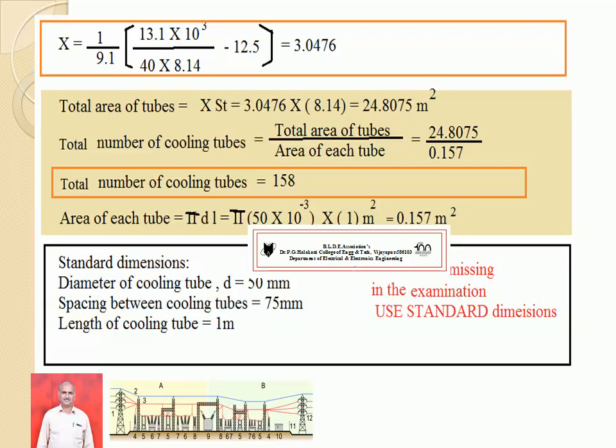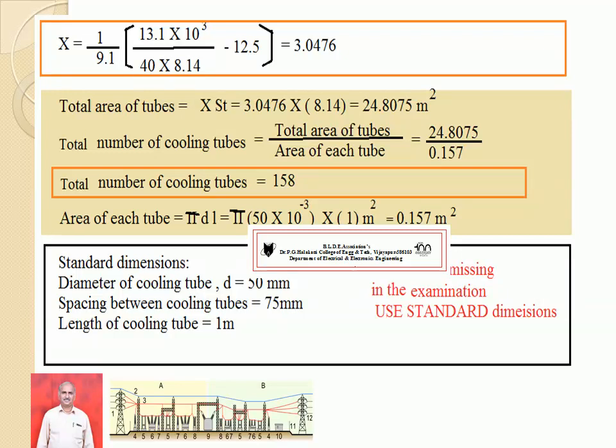Hence, total number of cooling tubes equals total area of tubes divided by area of one tube. The surface area of one tube equals pi d l, where d is given as 50 mm, converted into meters, 50 into 10 to the power of minus 3 meter.